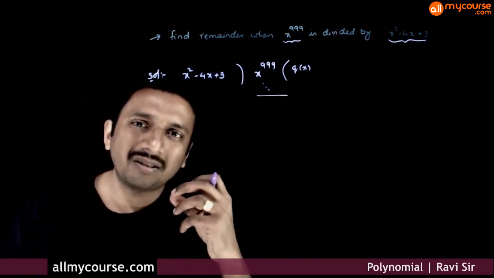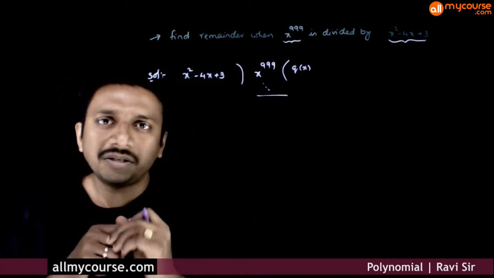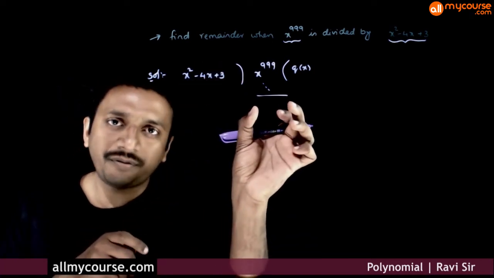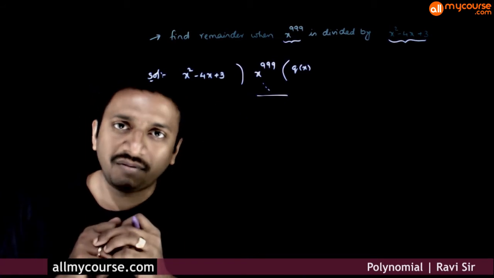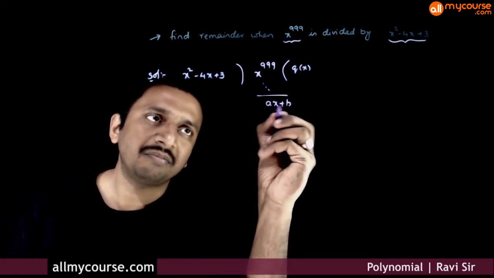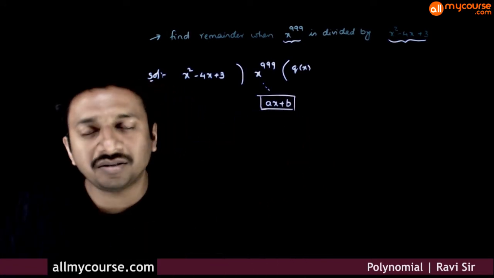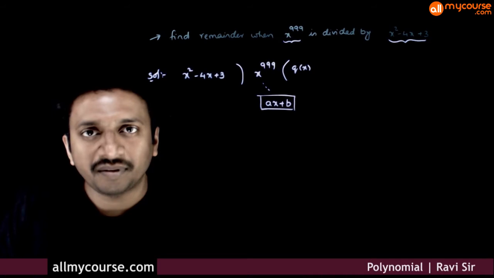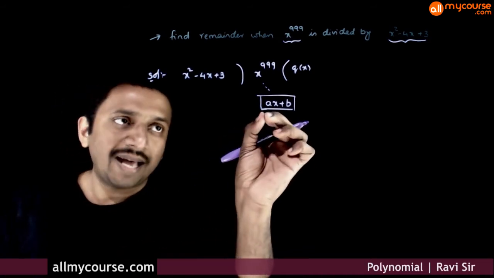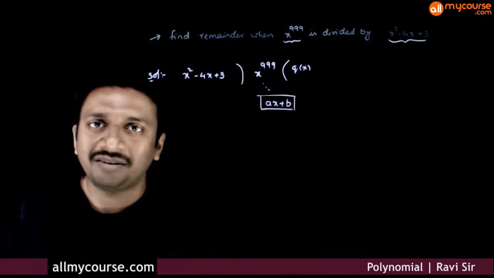So what is the form in which the remainder might look like? The divisor is a quadratic function. The degree of the remainder is less than the degree of the divisor. So the remainder should be of the form ax plus b. So let me assume that the remainder is of the form ax plus b. I just need to find a and b to get the value of the remainder.